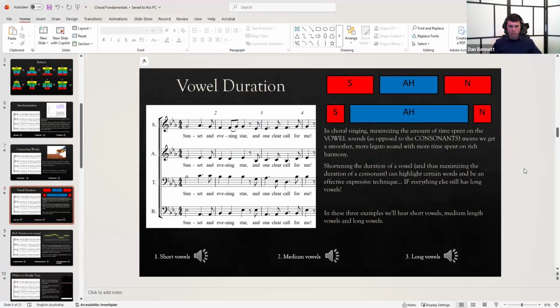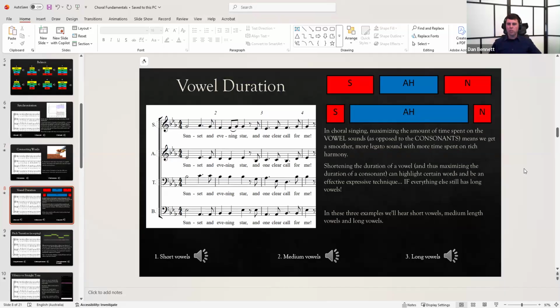So this is related. In choral singing, maximizing the amount of time spent on the vowel sounds as opposed to the consonants means we get a smoother, more legato sound with more time spent on rich harmony. Shortening the duration of a vowel and thus maximizing the duration of a consonant can highlight certain words and be an effective expressive technique if everything else still has long vowels.